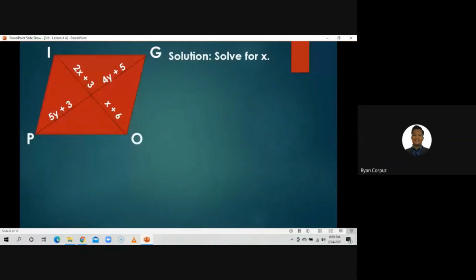Binanggit sa property ng rhombus that diagonals of a rhombus bisect each other. So ibig sabihin, yung diagonal na to, hinati niya yung diagonal na to into 2 equal measures. Ibig sabihin, they are congruent in measure. So by knowing that, we can solve for x by equating the 2.